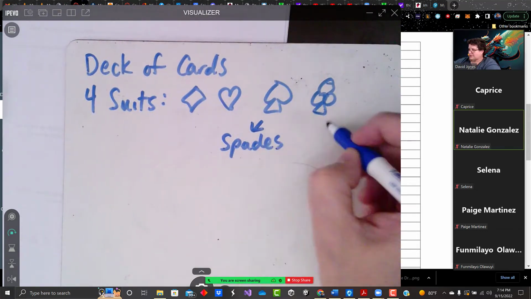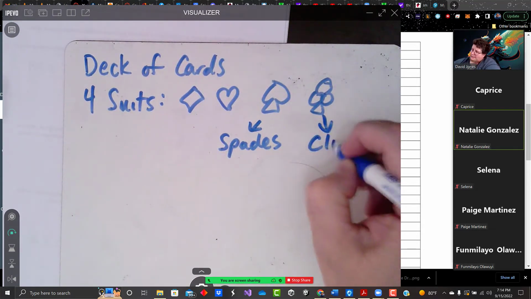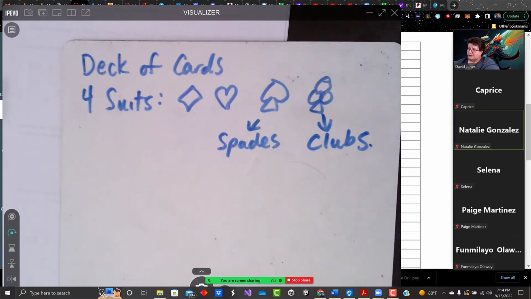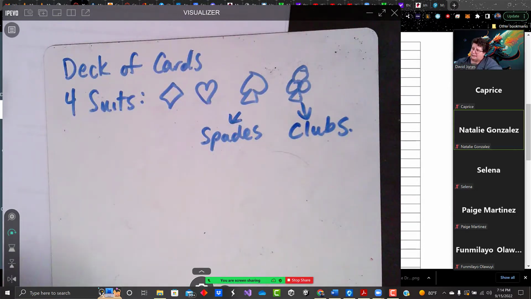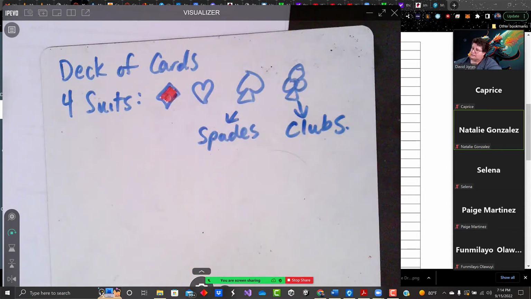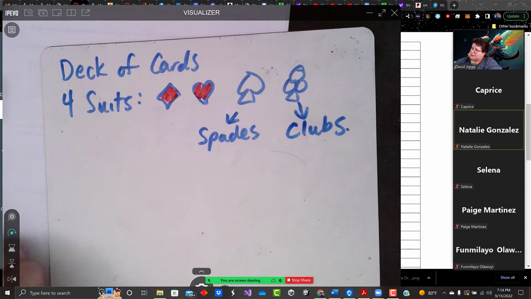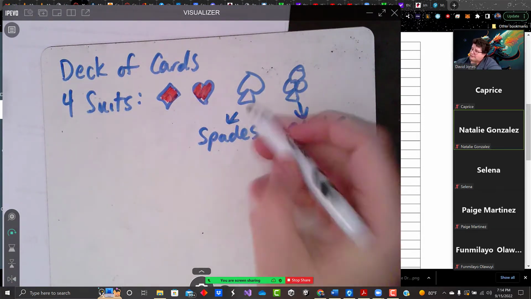Everyone knows the names of the diamonds and hearts because we have them in our Lucky Charms. Those are the names of the other 2. The diamonds and the hearts are red. The spades and the clubs are black.